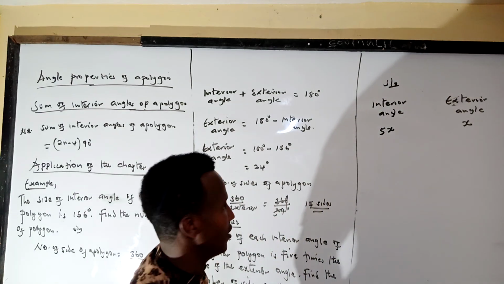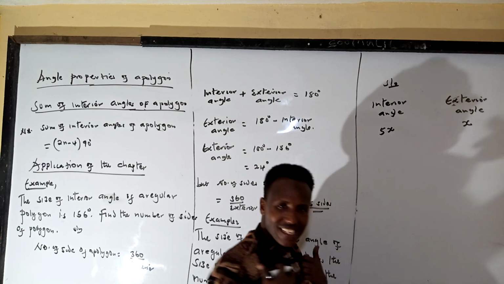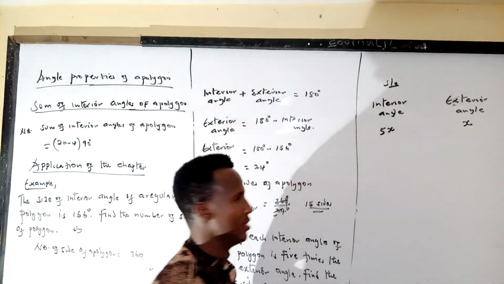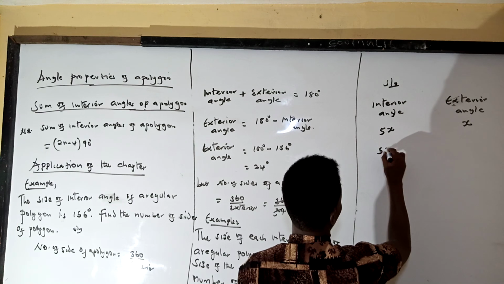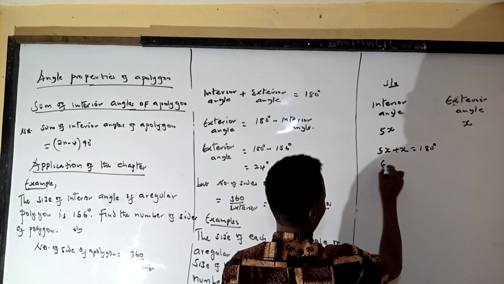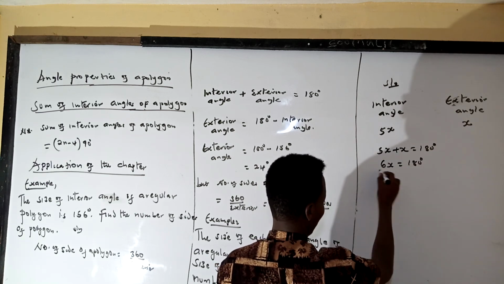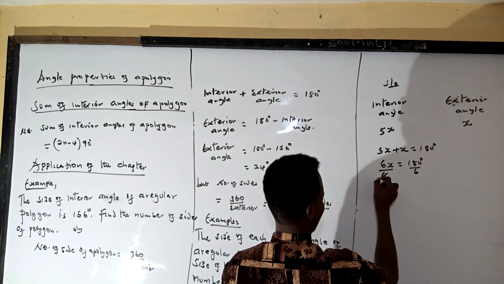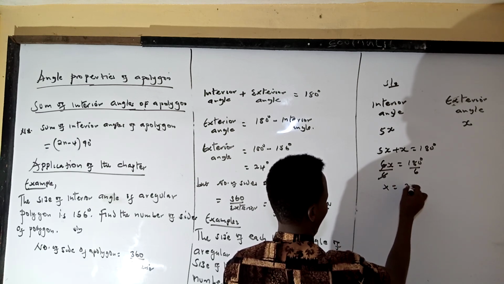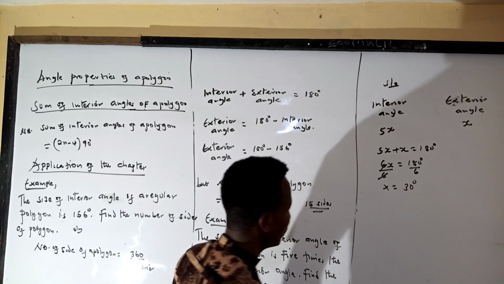But we know that exterior plus interior is equal to 180. So 5x plus x is equal to 180. Then 6x is equal to 180. To get the value of x, divide both sides by 6. x is equal to 30. This is the exterior angle.